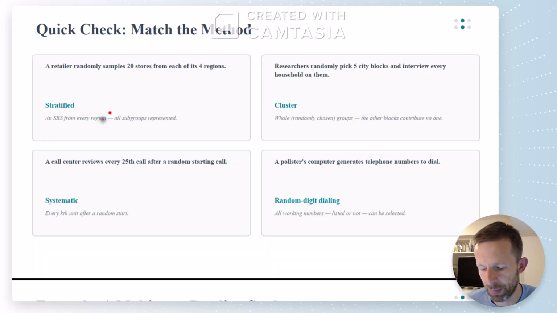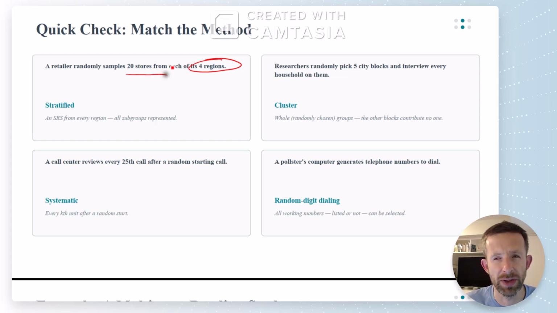Let's look at a couple more examples. A retailer randomly samples 20 stores from each of the 4 regions. Here, each region would be a stratum, assuming the regions are different, and we're looking at 20 stores each, which would be stratified. Researchers randomly pick 5 city blocks and interview every household in them.